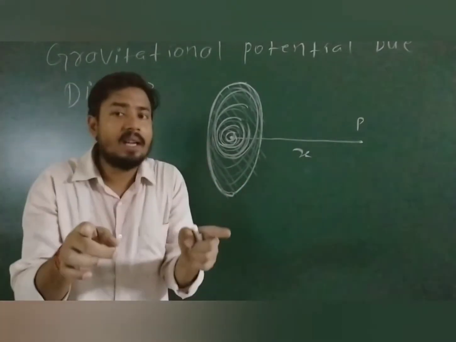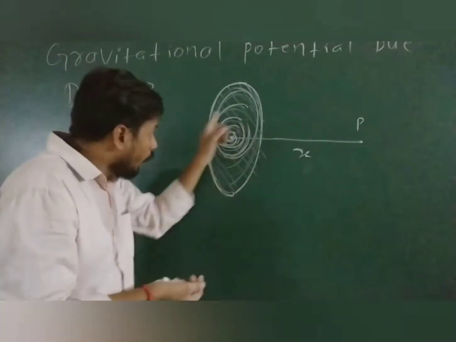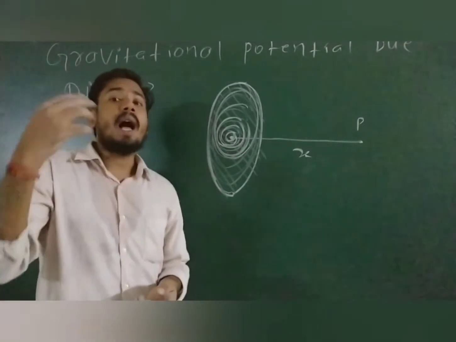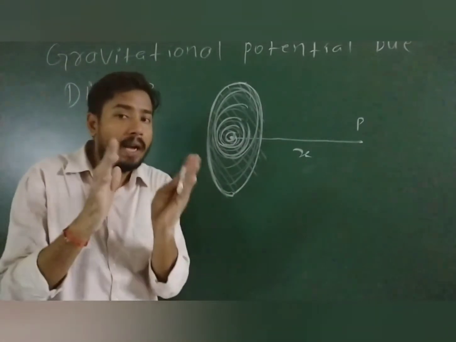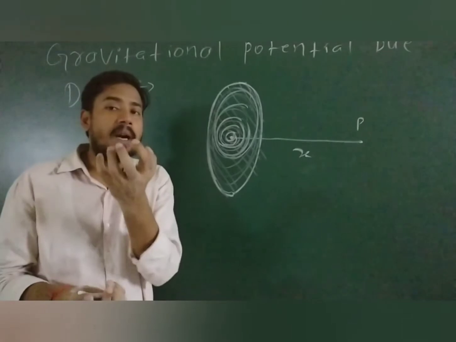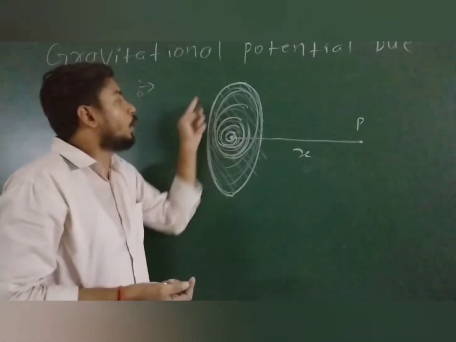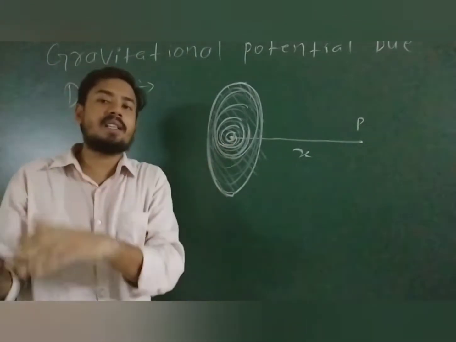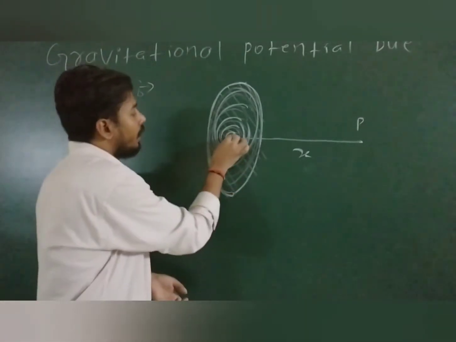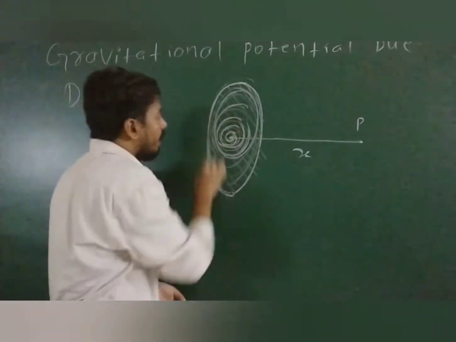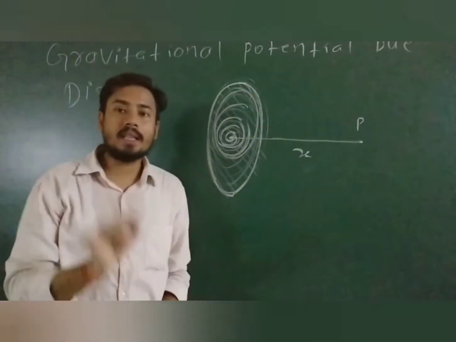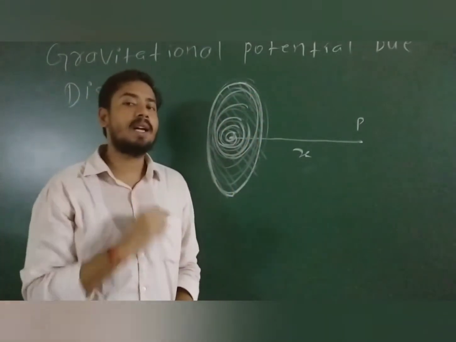We can find the gravitational potential due to any ring and add all the rings. I have already explained that the process of addition is called integration. So finally, find the potential due to any ring and integrate, taking the limit from the minimum radius 0 to the maximum radius r, and you will get the result.